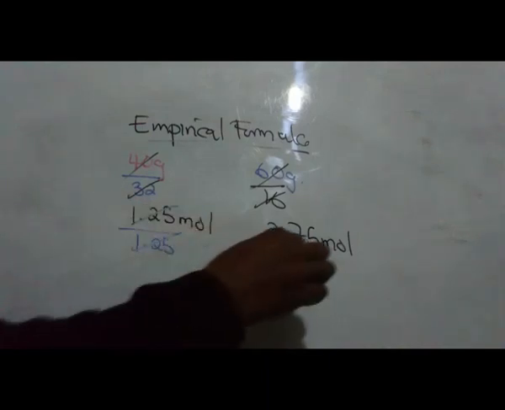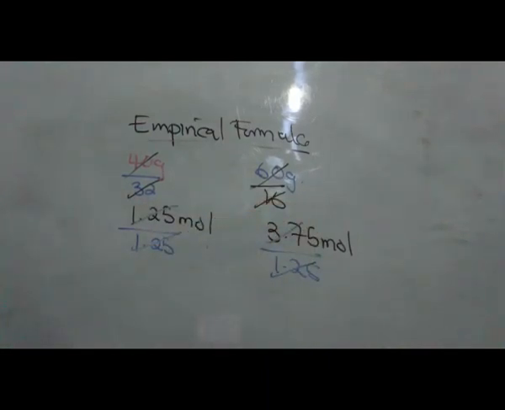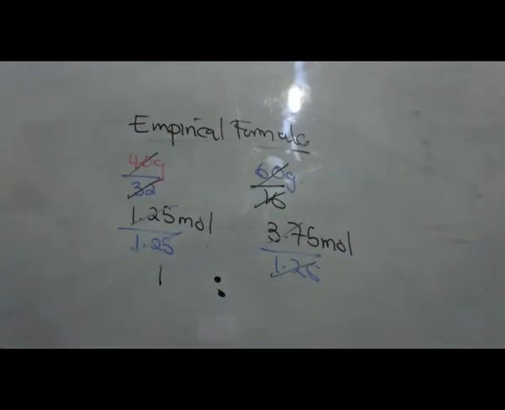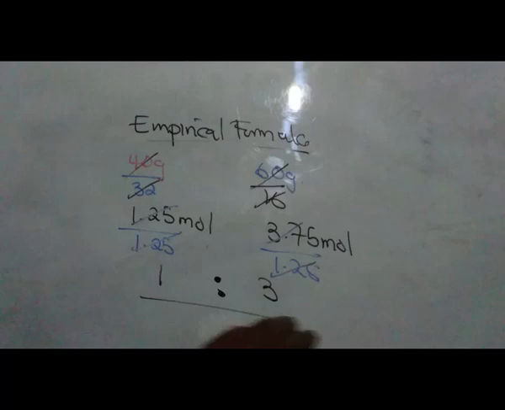Let's take our calculator again. We know this will give us 1 ratio, and 1.25 into 3.75 will get 3. So this is the empirical formula. The empirical formula now is in the ratio 1:3.